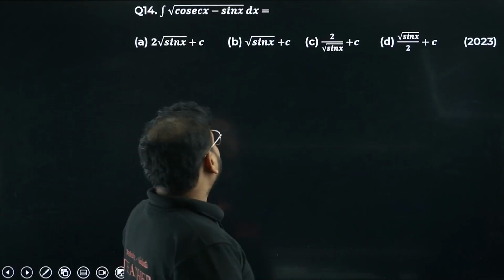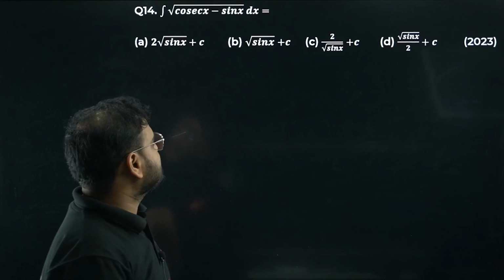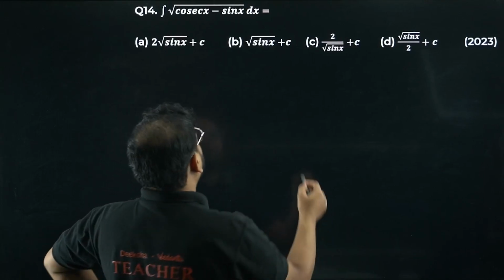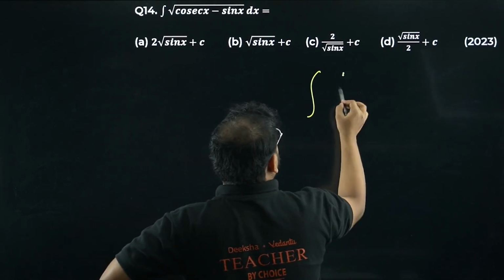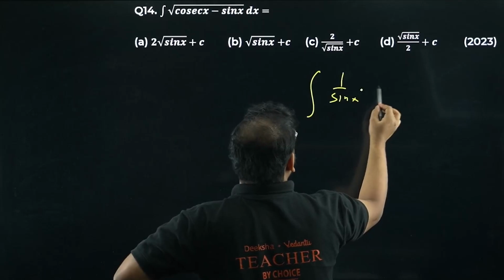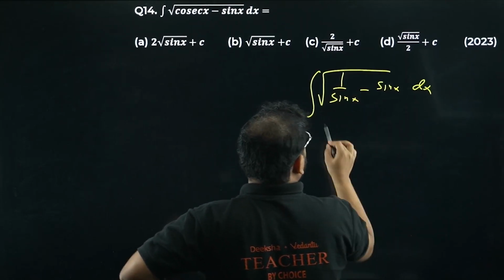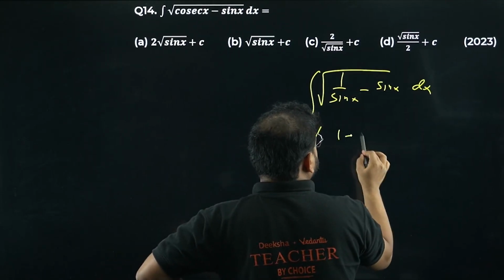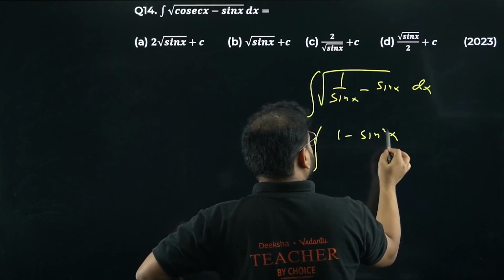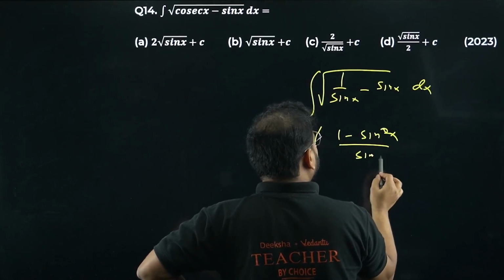Please check. Root of cosec x minus sin x dx. Good question, but not difficult at all. Right here, 1 by sin x minus sin x, this whole thing in the root, dx. Right here I get 1 minus sin square x upon sin x in the root.